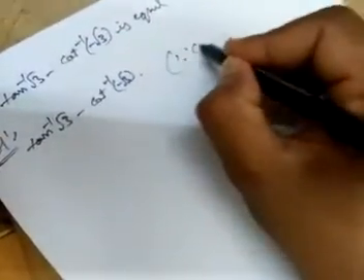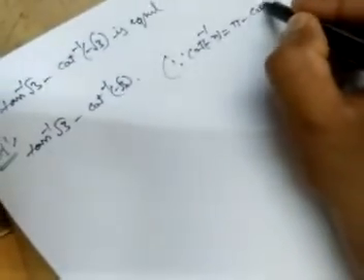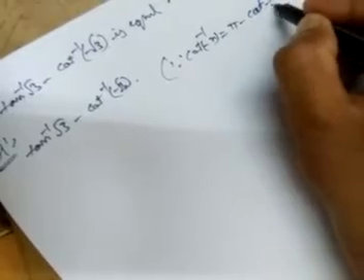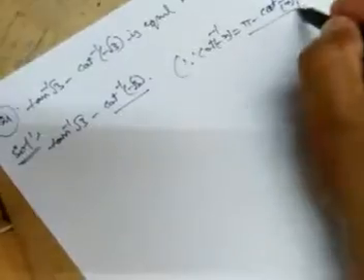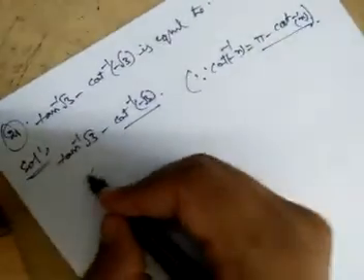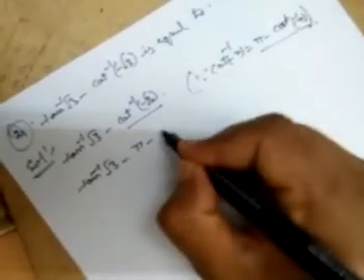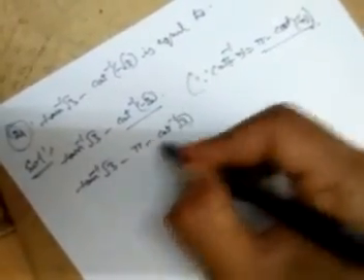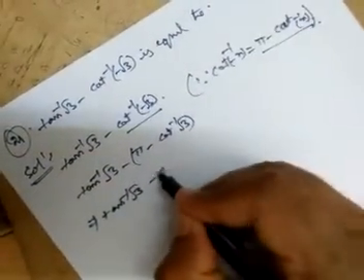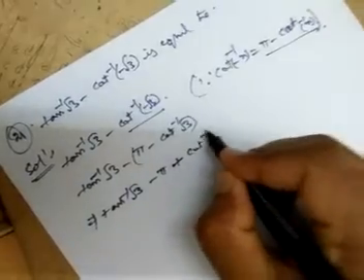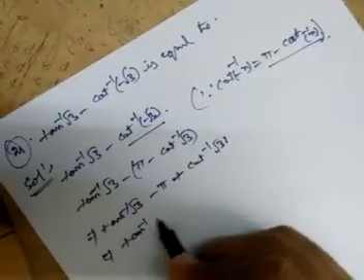We know that cot inverse of minus x equals pi minus cot inverse of x. So in place of this function you can write pi minus cot inverse of x. Tan inverse of root 3 minus, pi minus cot inverse of root 3. That is tan inverse of root 3 minus pi plus cot inverse of root 3.